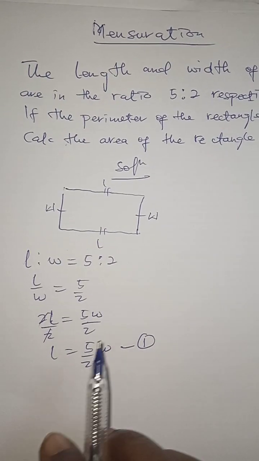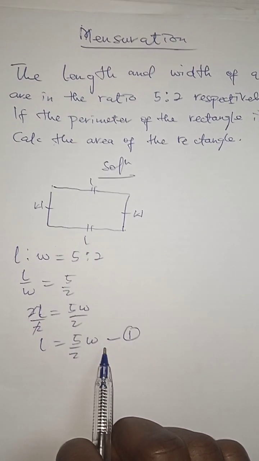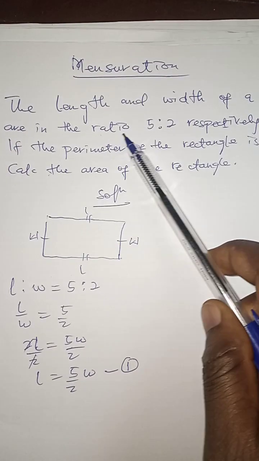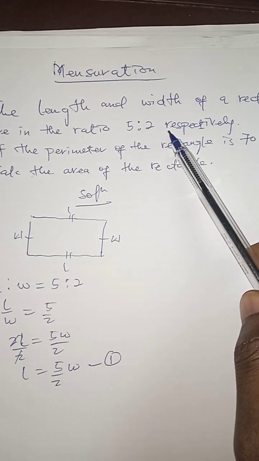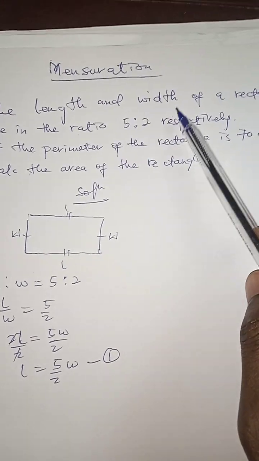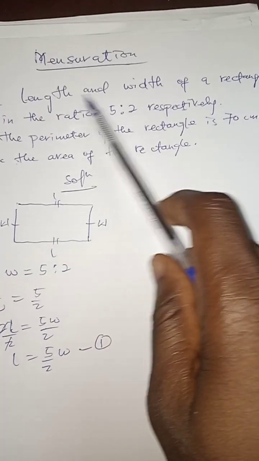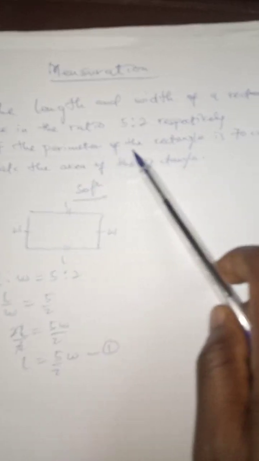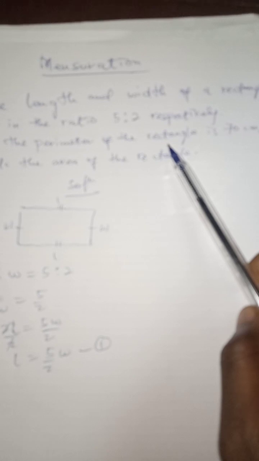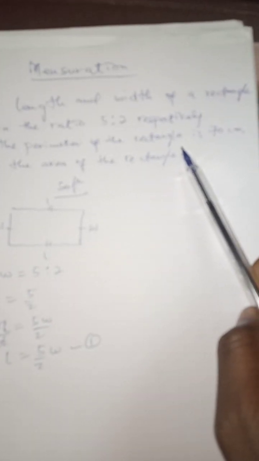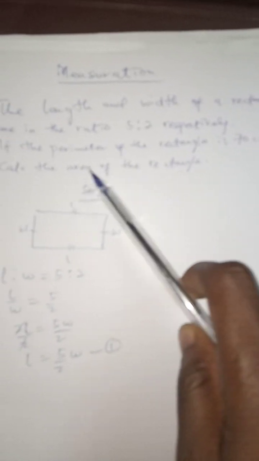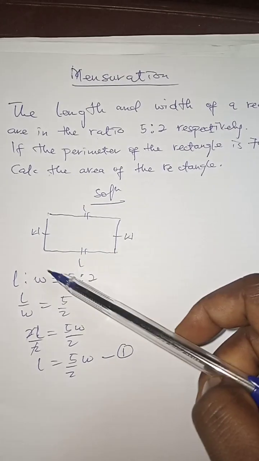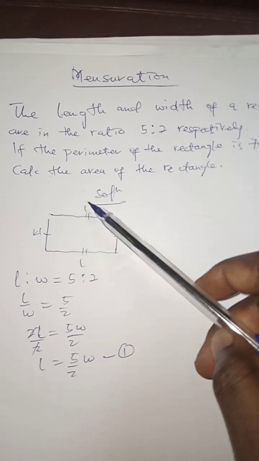Okay, so we've gotten our first equation from the initial information given to us in the question, which is about the ratio of the length to the width. Now let's take the second part. If the perimeter of the rectangle is 70 centimeters, perimeter simply means the distance around the rectangle.